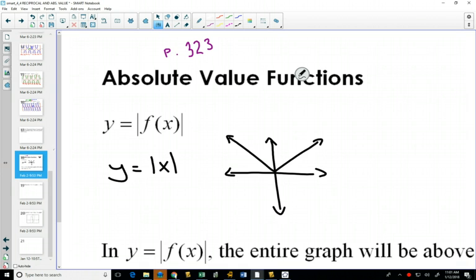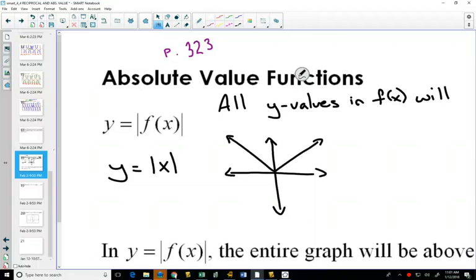So the only thing that's going to happen in this transformation is that all y values in f of x will either stay or become positive. So that's your transformation. We have to look at our original graph. We're going to graph our original function.